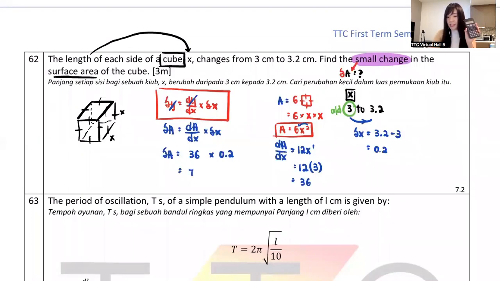Are you guys getting the answer? 7.2. Oh, this time got unit, no? This one doesn't have cm per second, this is not a rate of change, okay? But this one is area, isn't it cm squared? Done again. 7.2, not 72. Right here, okay?